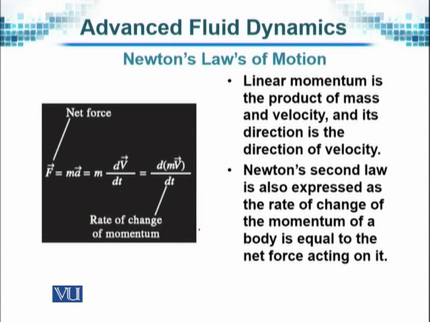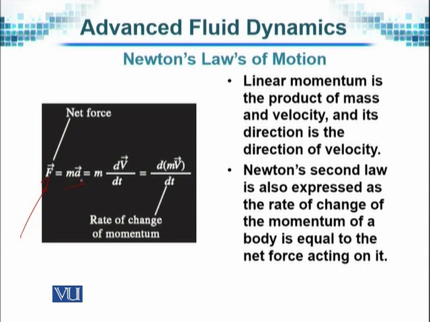Newton's second law is also expressed as the rate of change of momentum of a body being equal to the net force that is acting on it. So if I have to write that as a mathematical equation, then F is the resultant force, or the net force, and it is equal to mass into acceleration.